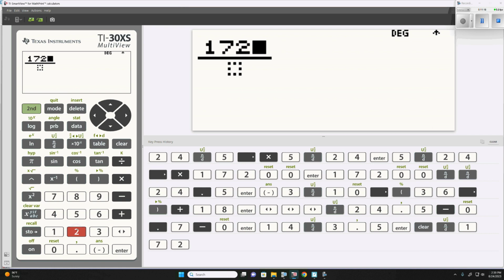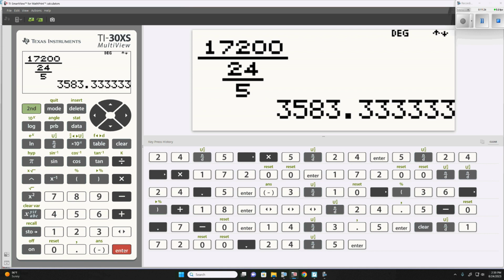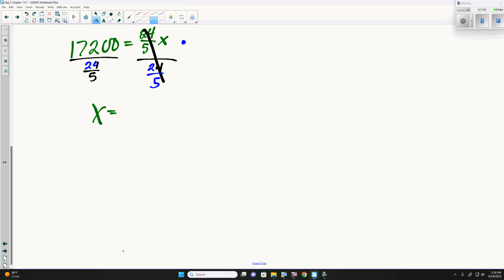Now we can grab the calculator. Say 17,200 divided by 24 over 5, which is 3,583.3 repeated. Because 0.3 repeated is 1/3.